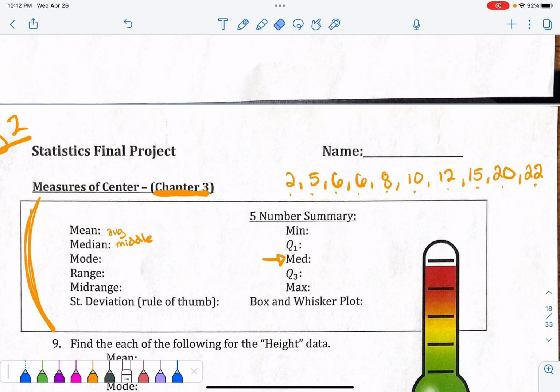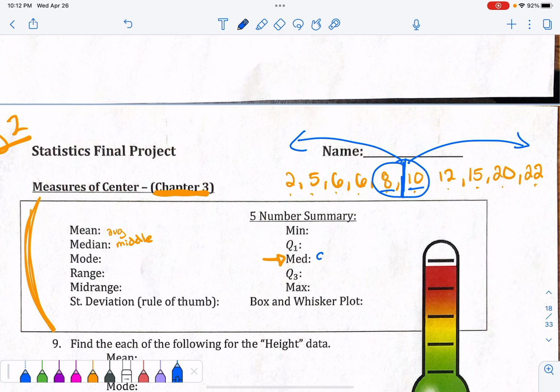My middle number will be split between the first 5 numbers and the second 5 numbers. So there's 5 here and there's 5 here, which means my 2 middle numbers are 8 and 10. So I find the average of those two when you have 2 middle numbers. So my median is actually going to be 9. The average of 8 and 10 is 9.